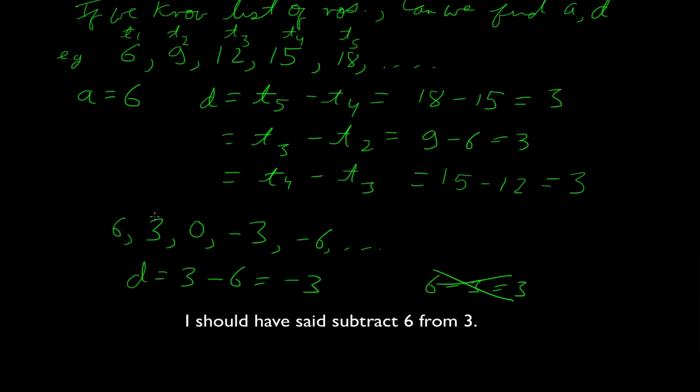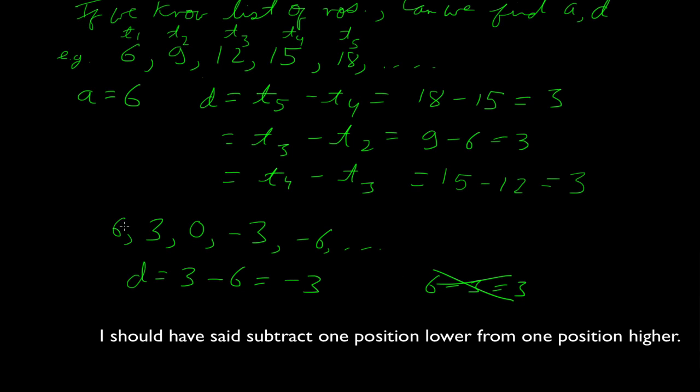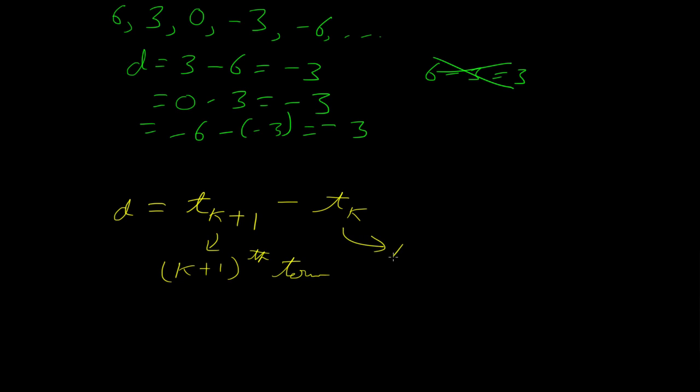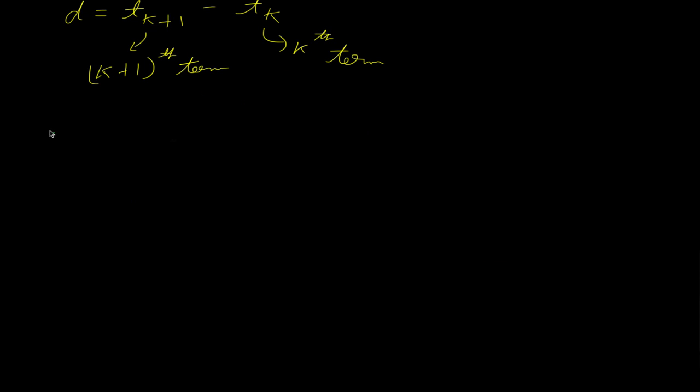So you always have to subtract the lower position from the higher position. So 0 minus 3 is -3, or -6 minus -3 equals -3. In general, the common difference D will always be equal to t(k+1) minus tk.